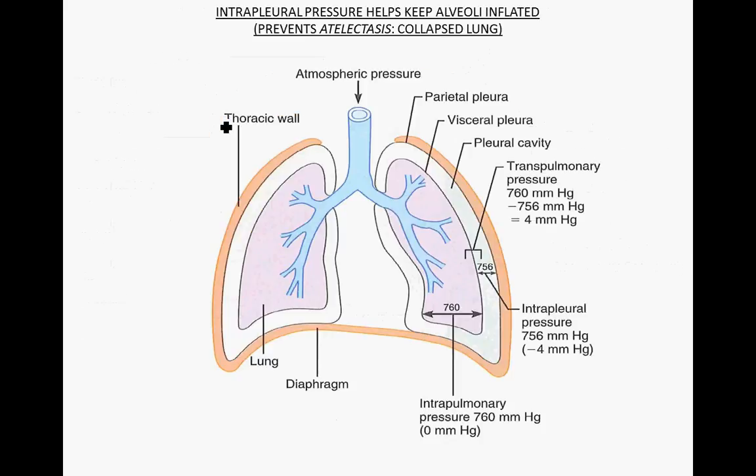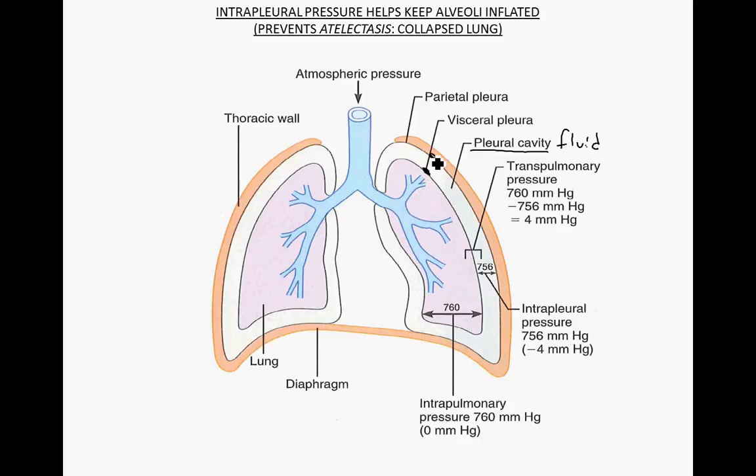But here's the importance of these pleural membranes. Right? The importance of them is that the fluid that's between them, so in this pleural cavity there is fluid, and that fluid is hydrogen bonding to one another. There is surface tension between them. So essentially what's going on here is that this pleural fluid is helping to stick this visceral pleura to the parietal pleura.